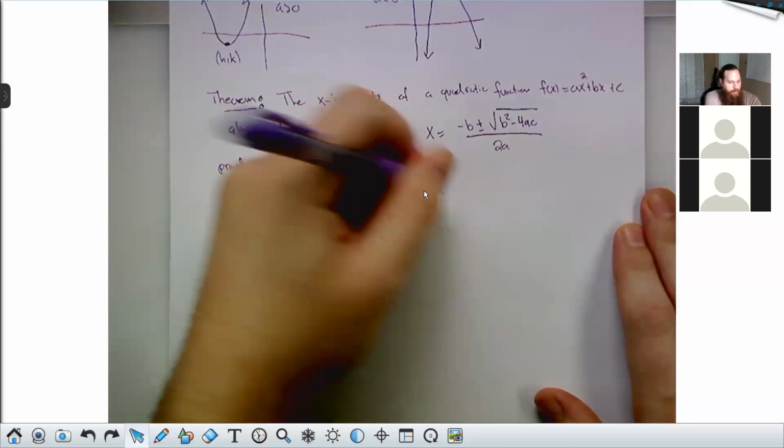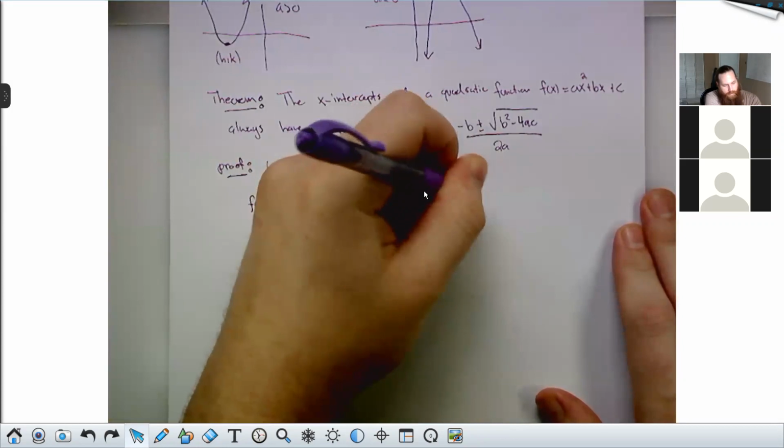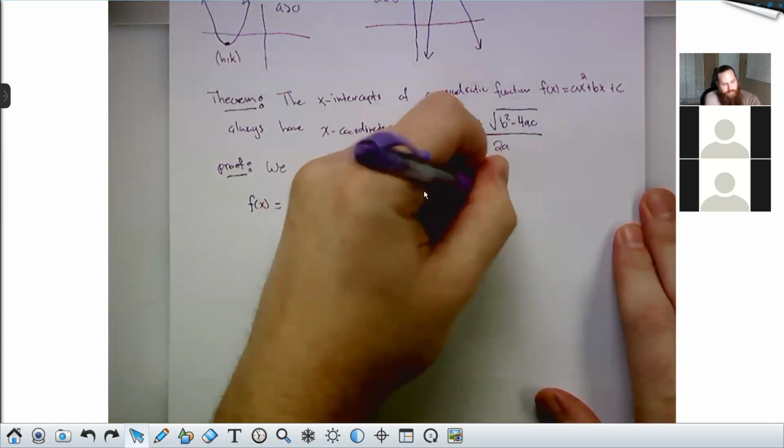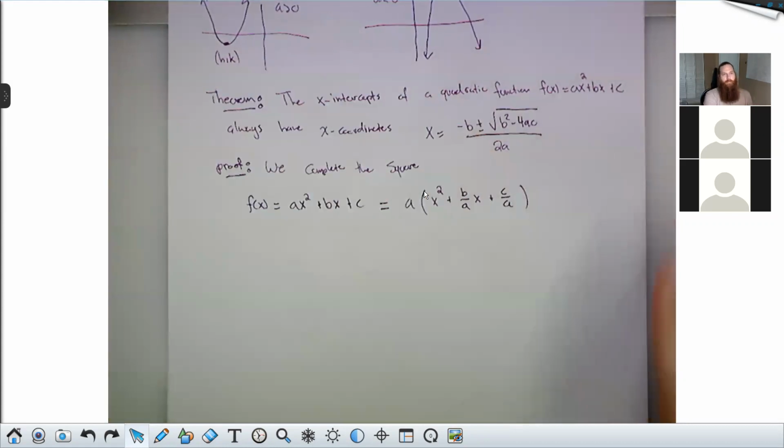That will give me x squared plus b over a times x plus c over a. When I factor out this a, I have to divide every single piece by a. That does what I wanted. It makes the coefficient of x squared equal to 1, but it also introduces these fractions. Okay, so we're going to have to just be brave.